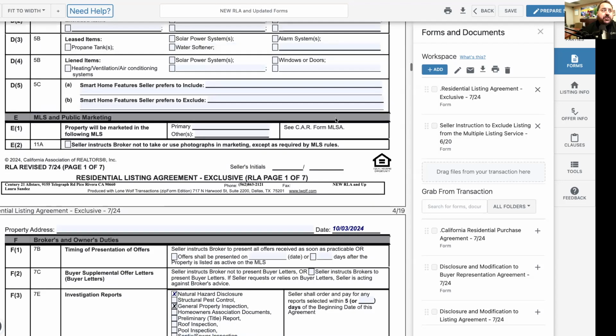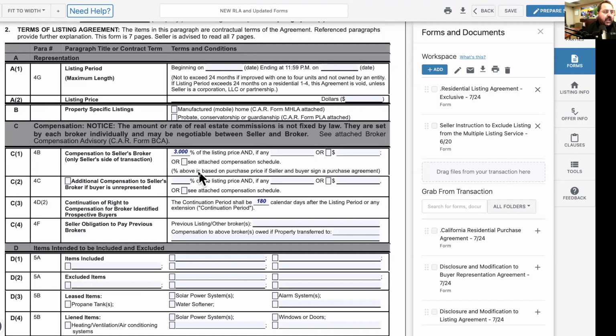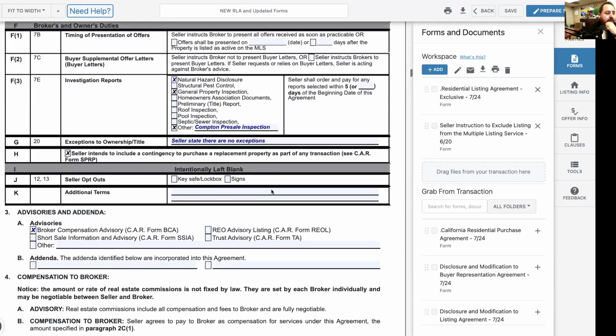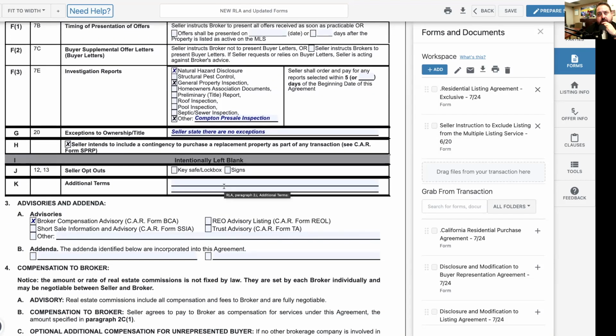If you're going to do that, then I would go back here and say, instead of putting 3% here, let's do a compensation schedule, and all of that is going to be an addendum to the contract, and then you could write it in there. Seller to pay 3% unless the sales price is X, Y, or Z, and then the commission is 4%, or there's an additional $2,000 that gets paid over this, whatever. I would do that here. I wouldn't do that here. Thank you.